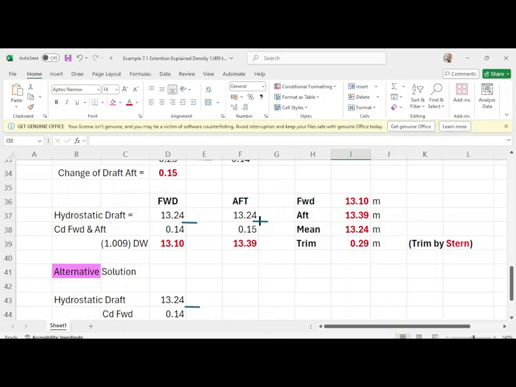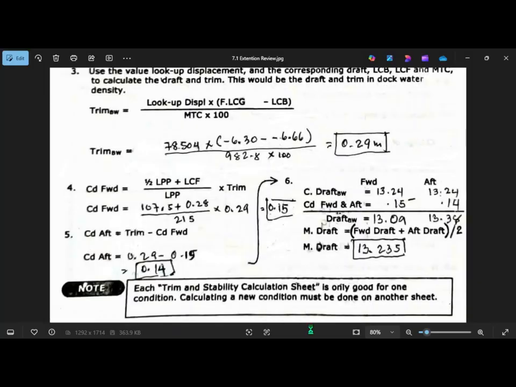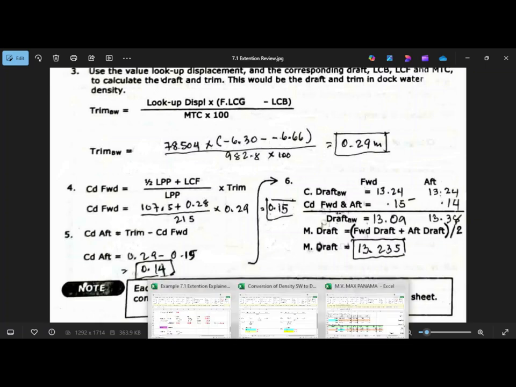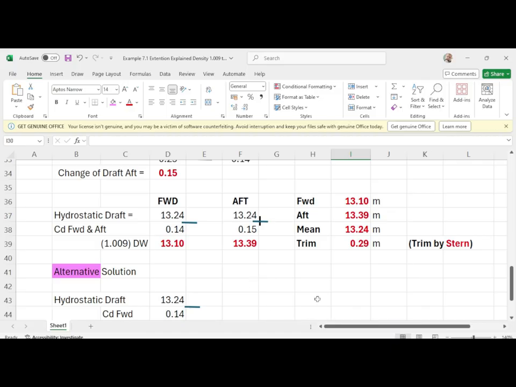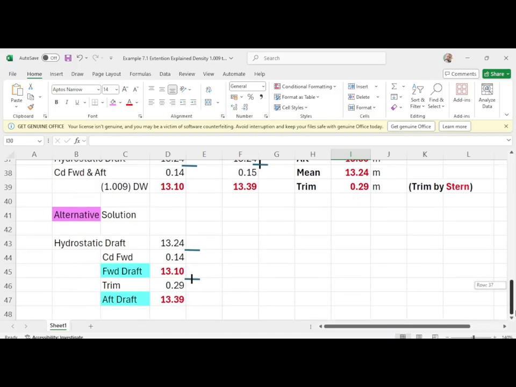Okay, and what we have here is 13.09 and 13.38. Okay, and his mean drop is 13.235, but I have a different, almost exactly the same. Okay, but now you have the alternative solution for finding the forward and up drop.